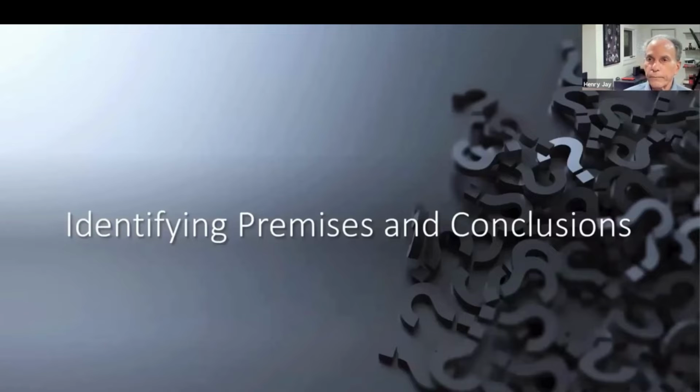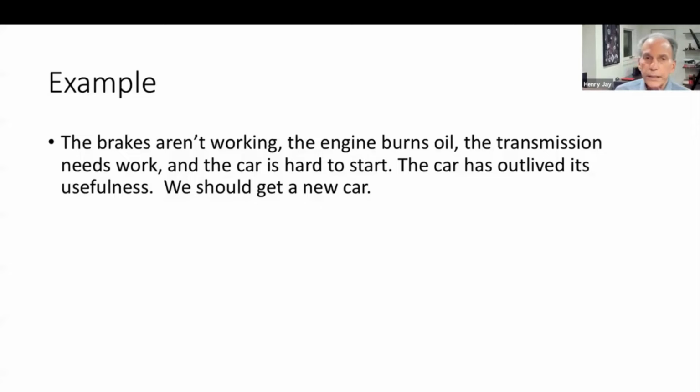Let's have a little practice identifying premises and conclusions. So here's an example. The brakes aren't working, the engine burns oil, the transmission needs work, and the car is hard to start. The car has outlived its usefulness.